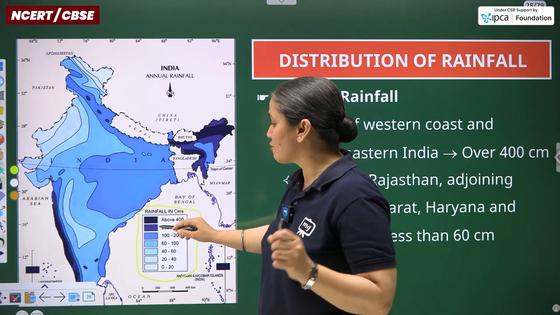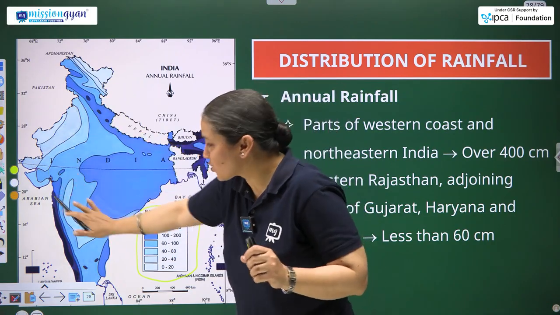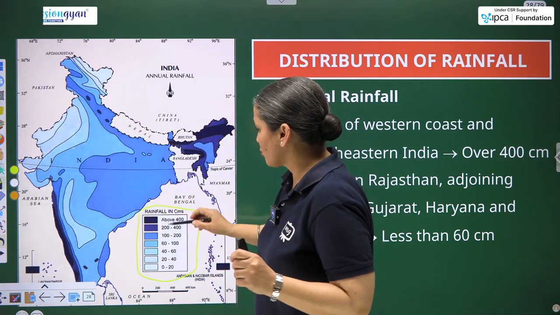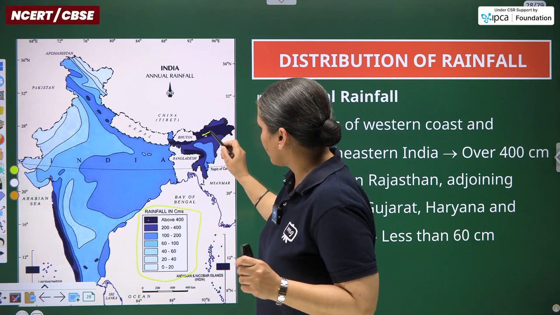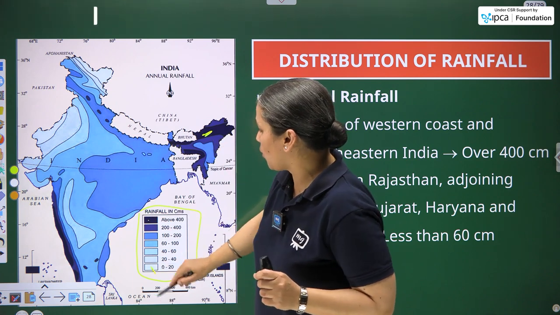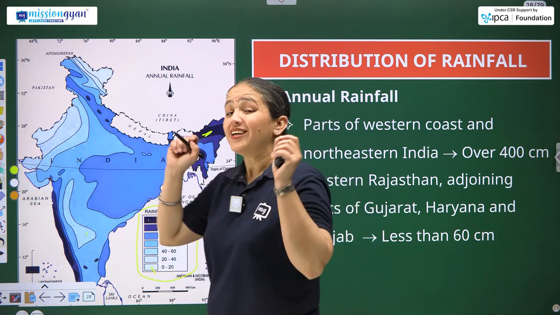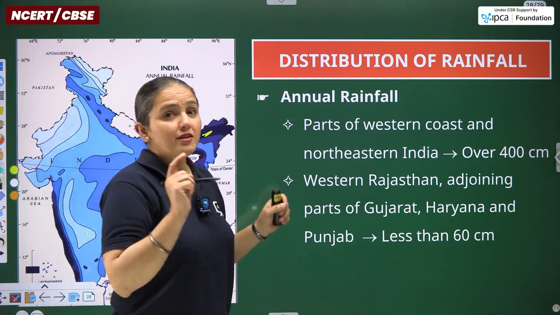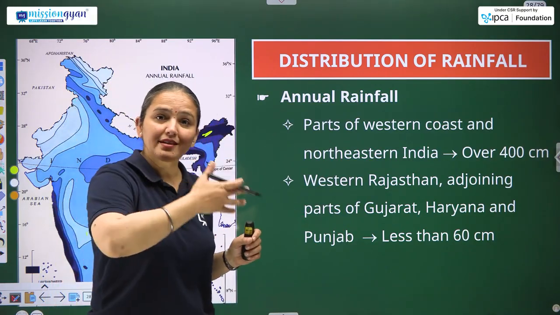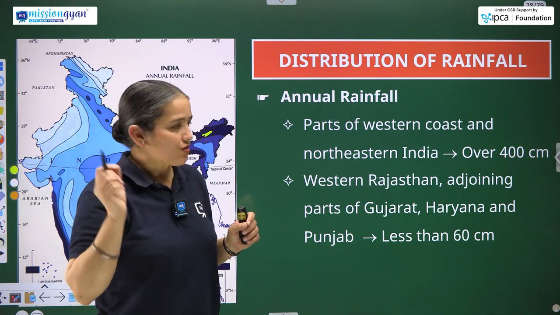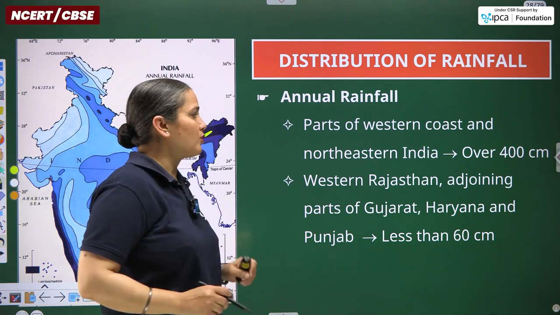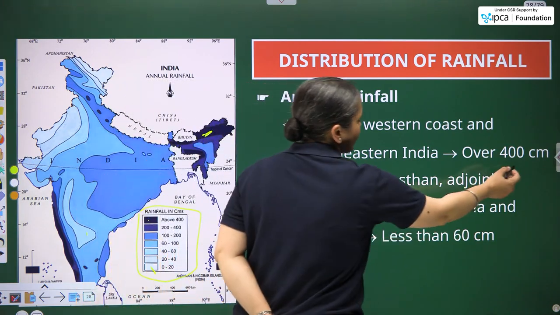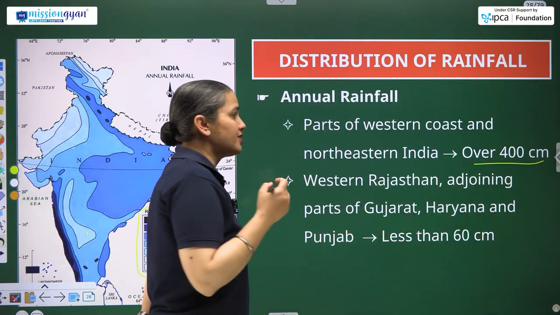Different shades of blue are shaded on this map, showing from the highest part to the lowest part that receives the least rainfall on the Indian mainland. Parts of the western coast and northeast India receive over 400 centimeters of rainfall.